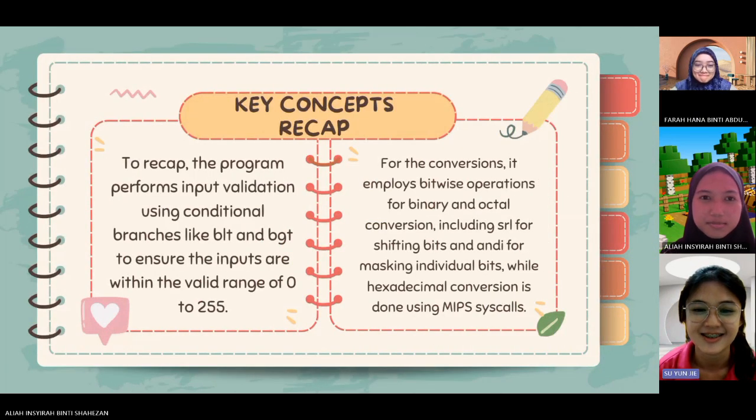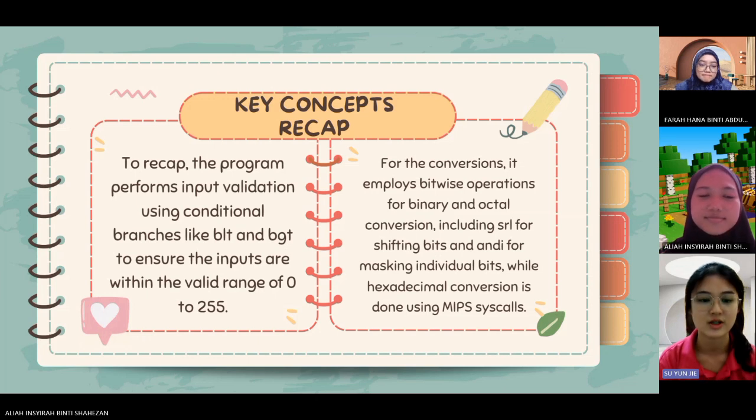So the key concept recap. To recap, the program performs input validation using conditional branches like BLT and BGT to ensure the inputs are within the valid range of 0 to 255.